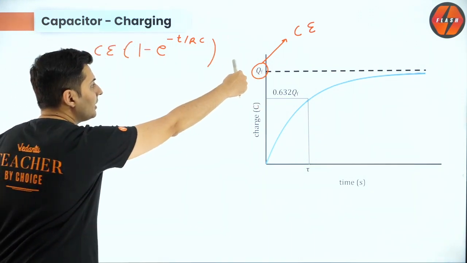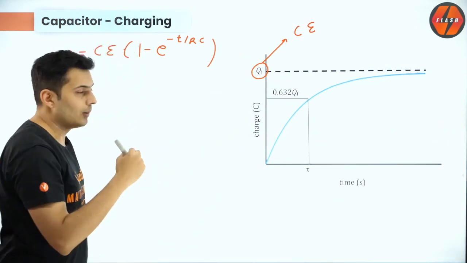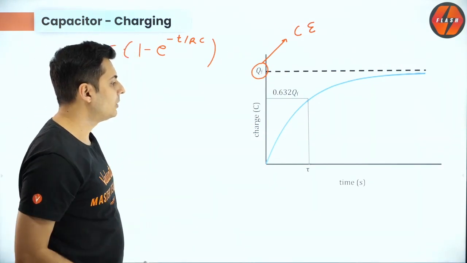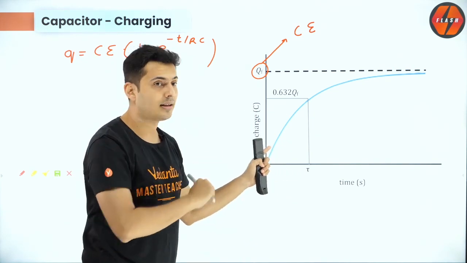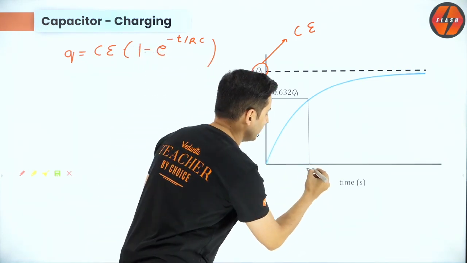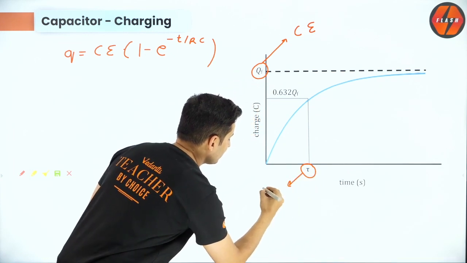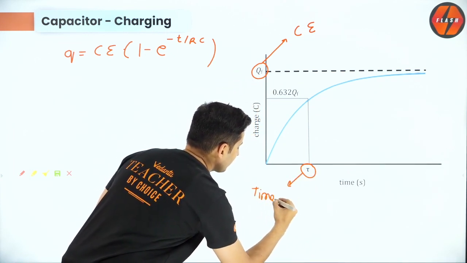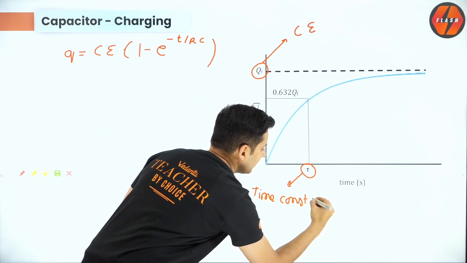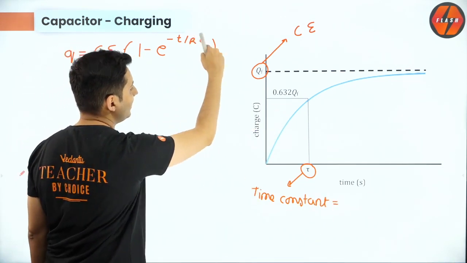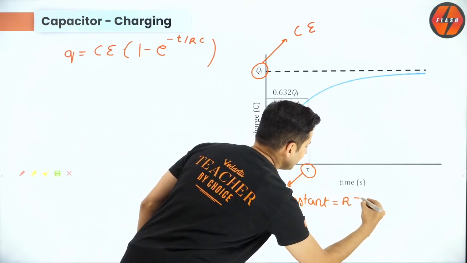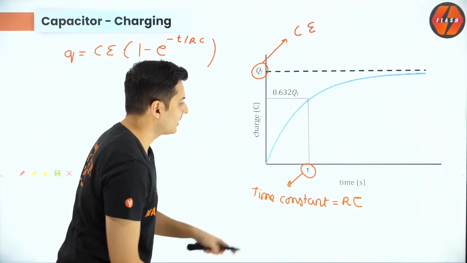If you write it in a slightly different form, and what is the different form? Let me tell you. There is a very important constant which is defined in a charging circuit called the time constant. And the time constant is basically this value, R into C. The symbol for that is tau.